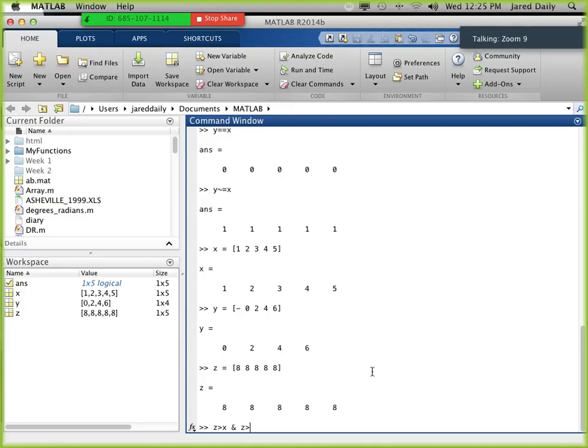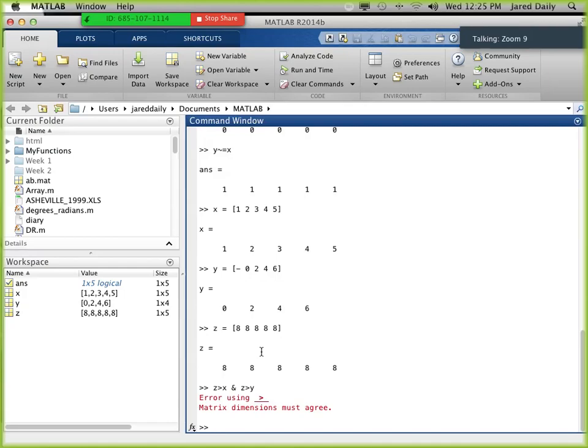So we're asking two questions at once, and when you ask it with this and in there, that means that it will return a true for every situation where both of these things are true. It will return a false where both of them are false, but it will also return a false if one of them is true and one of them is false. Both of them have to be true for this particular relational statement to be considered true.